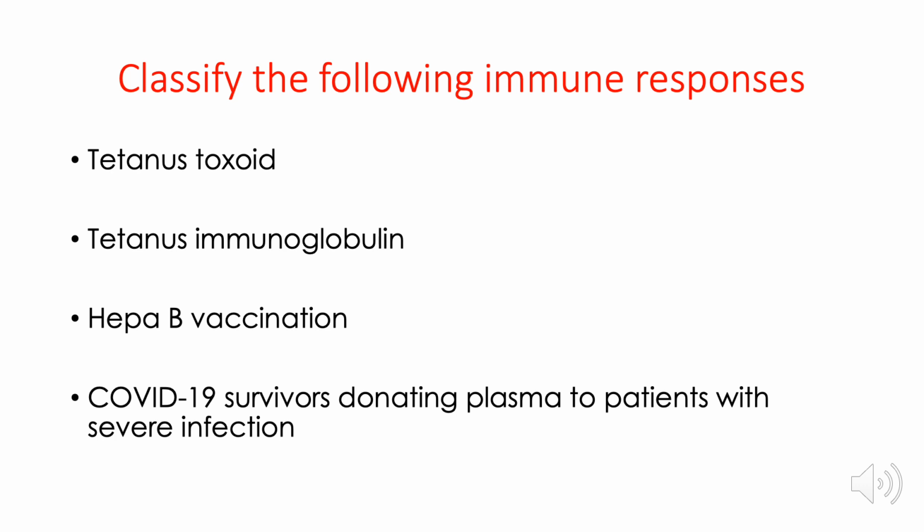Some of you would think, the antibodies were naturally produced by the survivors of COVID-19. Why is this not classified as natural passive? Again, the transfer of antibody does not follow a natural means, right? The antibodies were removed from the donor and were introduced through the vein of the patient with the severe COVID-19 infection.